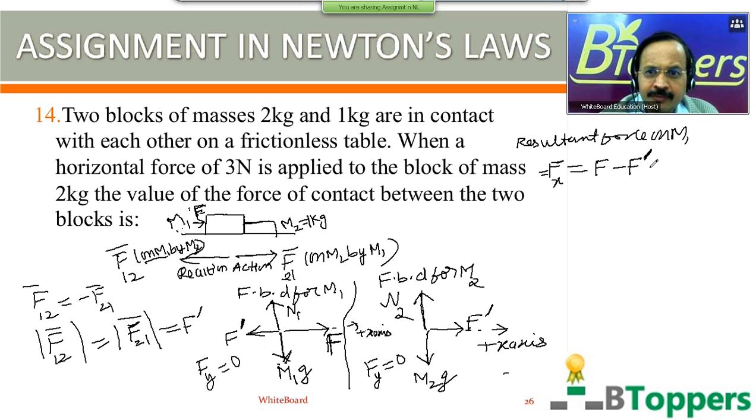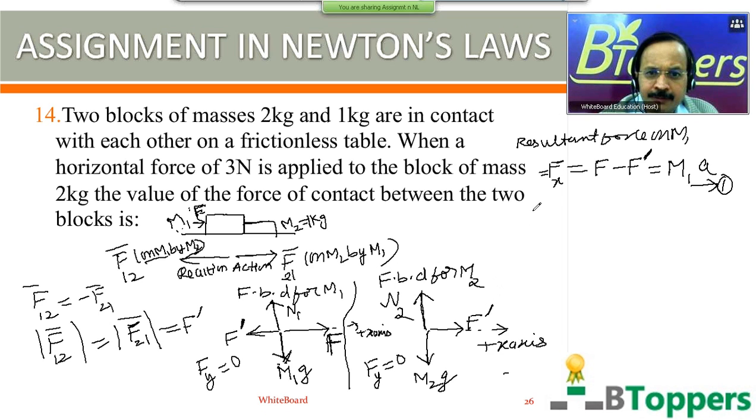From Newton's second law, the magnitude of the resultant of all the forces acting on M1 will be equal to the product of the mass M1 and the magnitude of its acceleration. Let small a denote the magnitude of acceleration of each block.